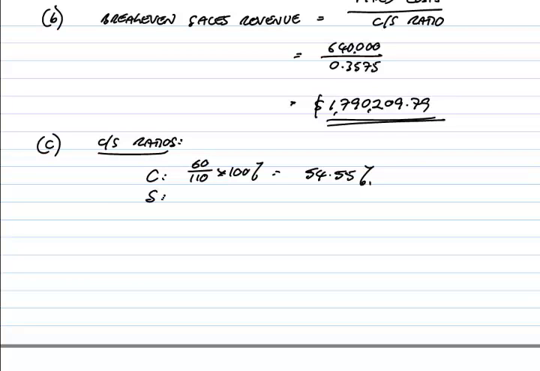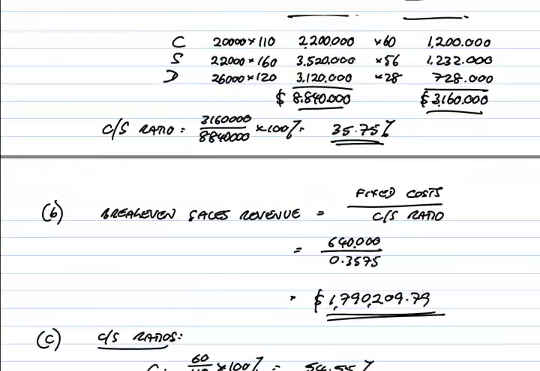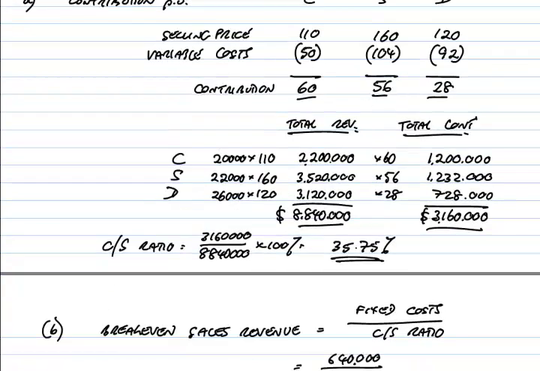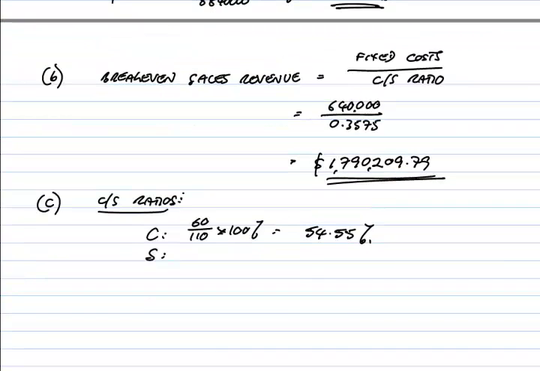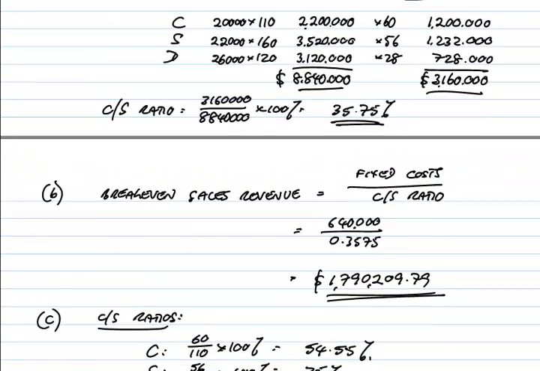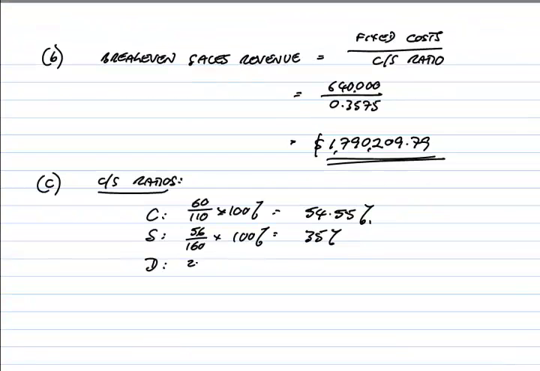Similarly, product S, per unit, contribution 56, revenue 160. And finally for D, 28 contribution, 120 revenue.